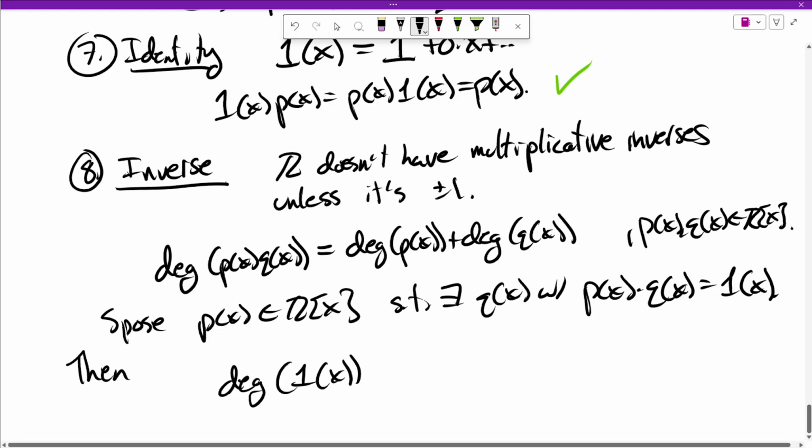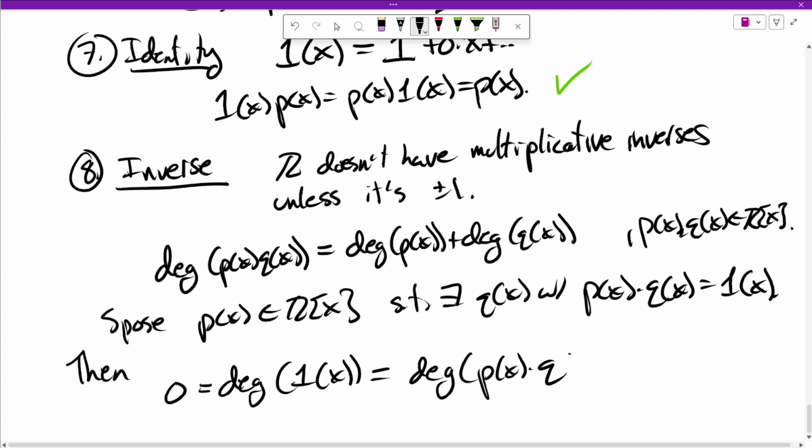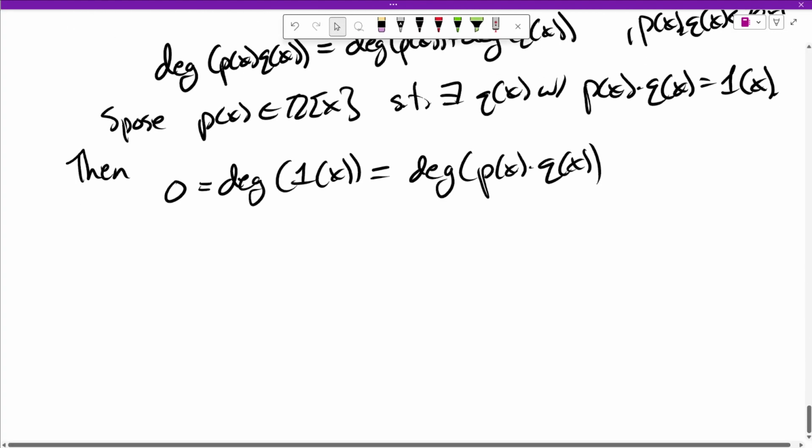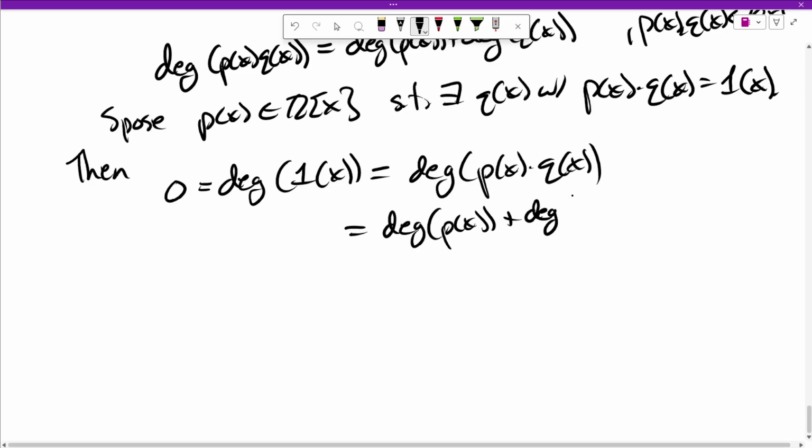On the one hand, the degree of 1 is clearly 0. It's a constant polynomial. The non-zero constant polynomials have degree 0. On the other hand, 1 is p times q, so we can look at the degree of p times q. But the degree, we said, is additive. It breaks up under addition sometimes. We'll see that's not always true, but in this case it is true.